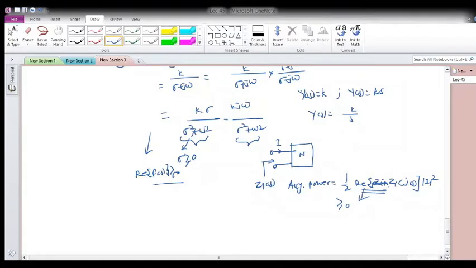I square is always greater than or equal to 0, so the real part of Z1(j omega) is also greater than or equal to 0, which means your average power is positive.